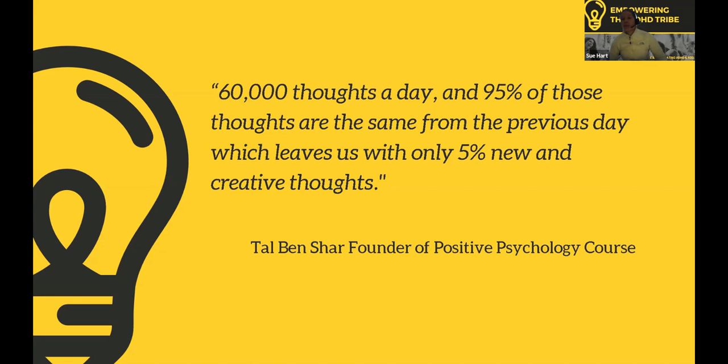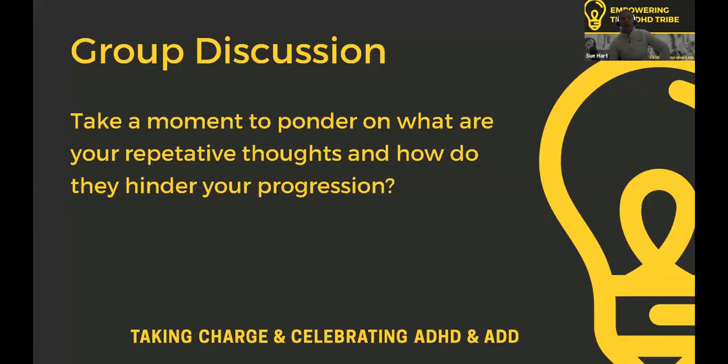It's a lot of thoughts. And most of them are the same. They're repetitive. We go over and over the same thing. So take a moment to ponder on what your repetitive thoughts are and how they hinder your progression in life, or with a task, or just in general.